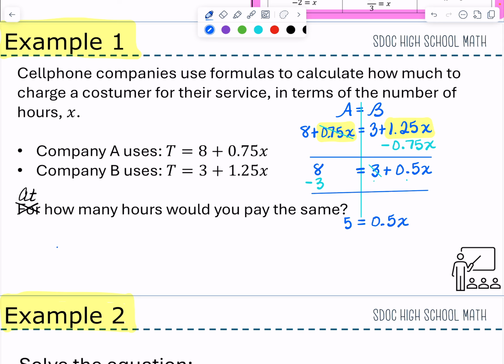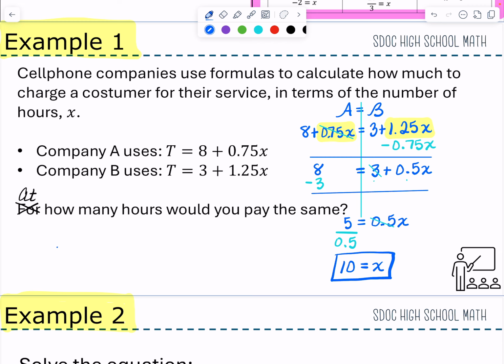Now 0.5 times x, the opposite of multiplying would be to divide. So 5 divided by 0.5 gives me 10 is equal to x. Now remember, x is talking about the number of hours. So at what time will they pay the same?